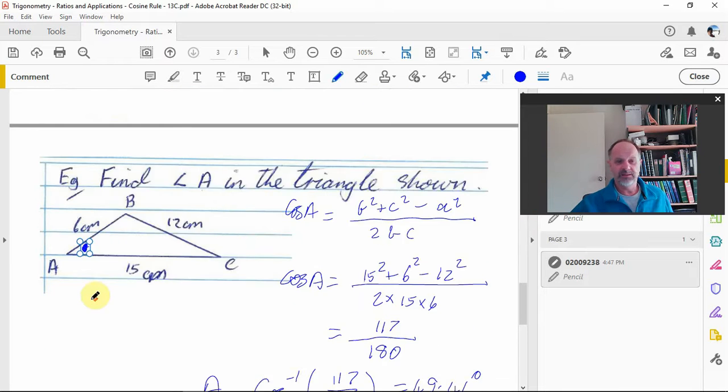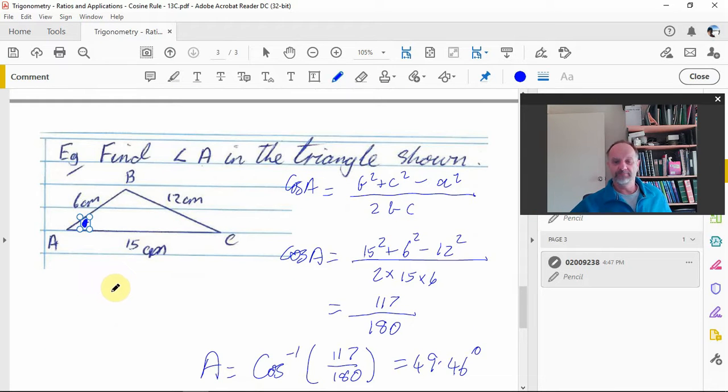All right, so that's the cosine rule. It involves all three sides, not 4 sides, all three sides, and one angle. All right, so if you need any clarification on any of that sort of stuff, make sure you get some, and as always, have fun.